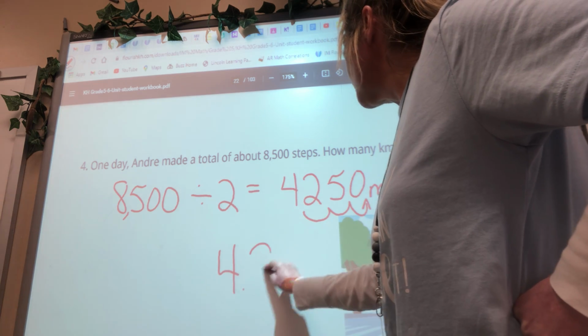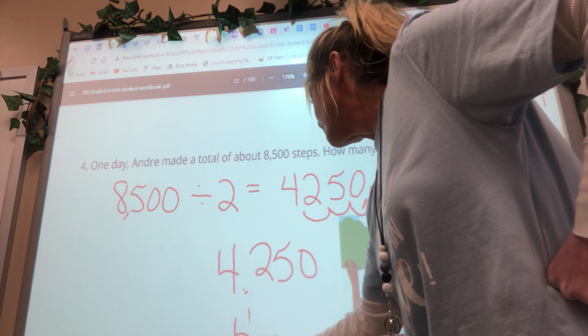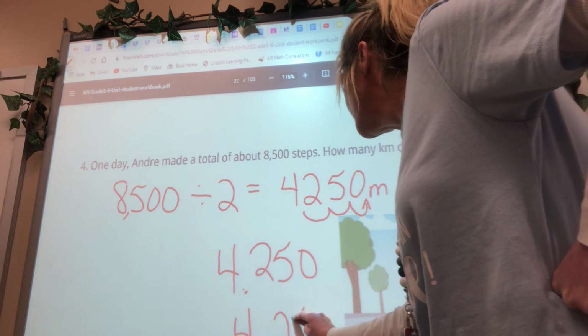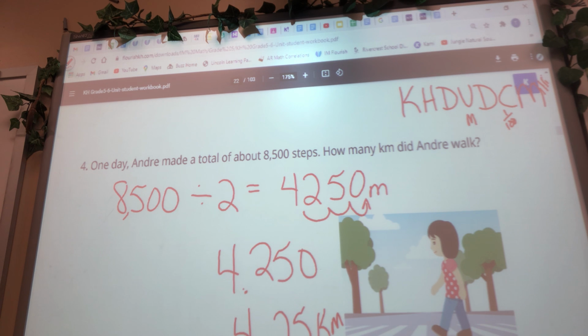So it would be 4.250, which is the same thing as 4.25. So he walked 4.25 kilometers when he made 8,500 steps.